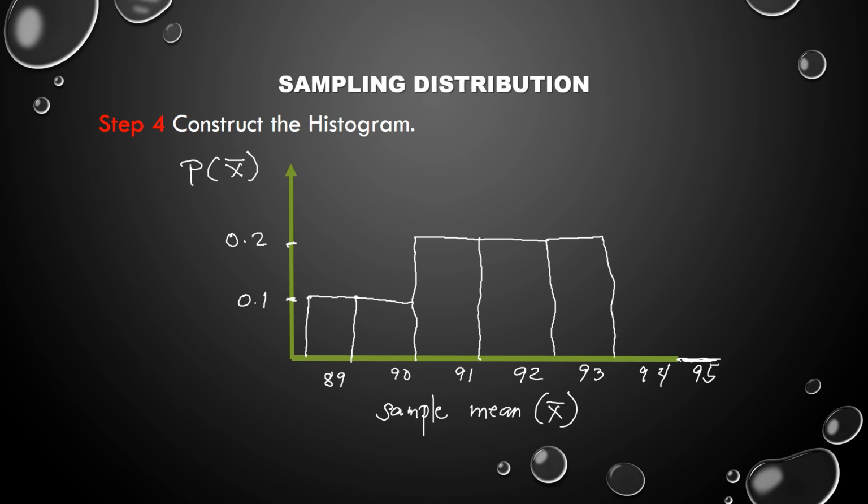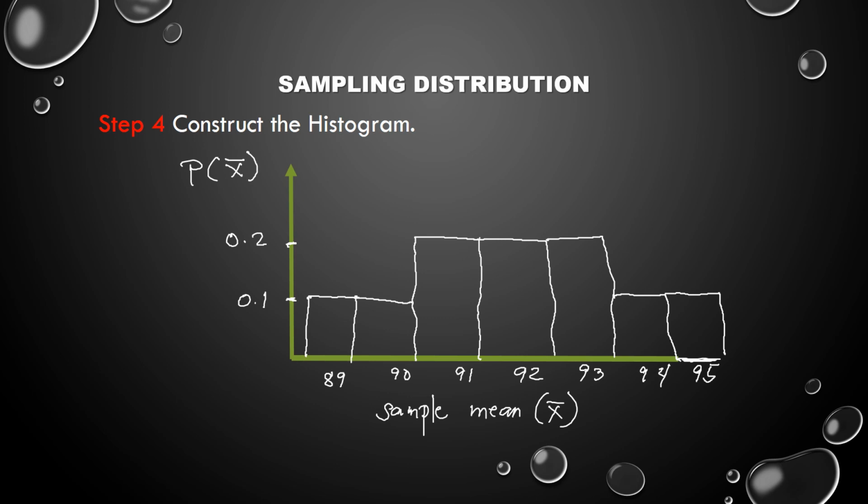And lastly, the two values for the sample mean, we have 94 and 95. They both have 0.1 as a probability in there. So I can just draw it like this. So this is now how you draw your histogram on the sampling distribution that we had.